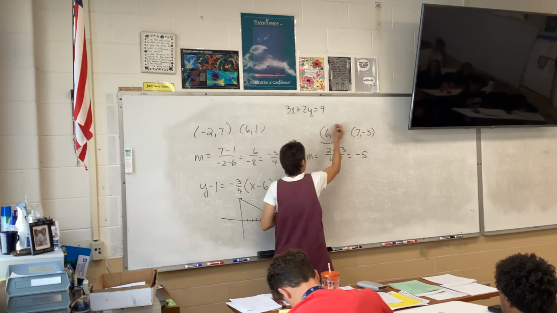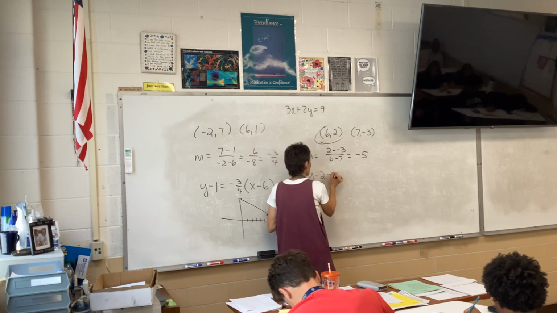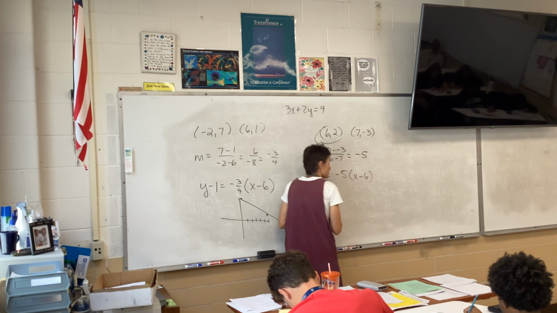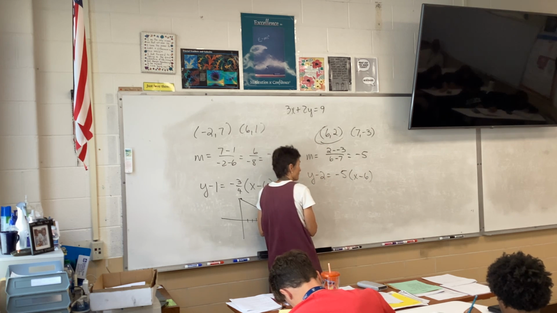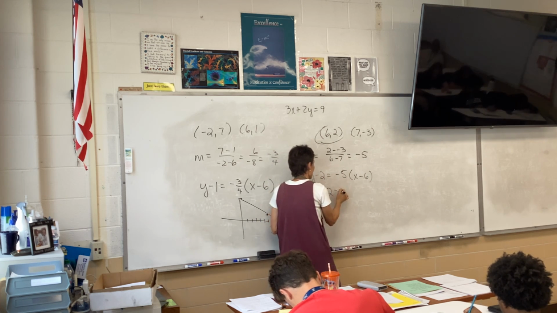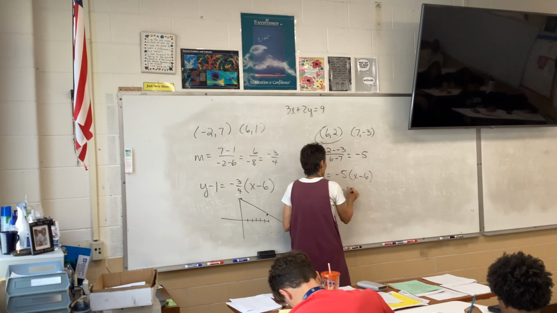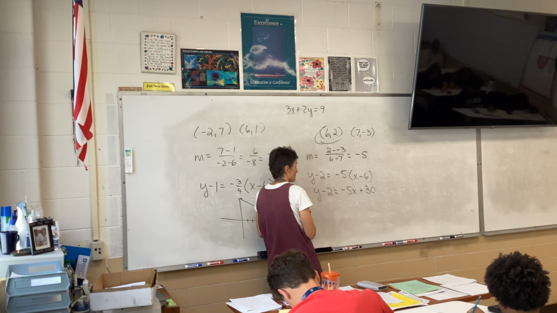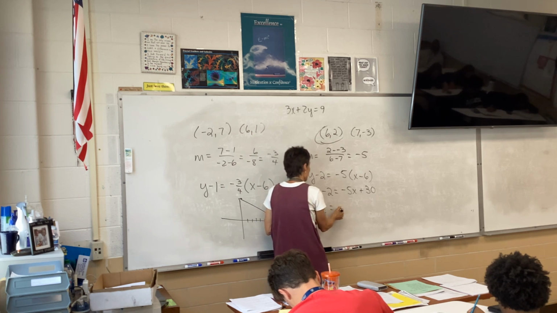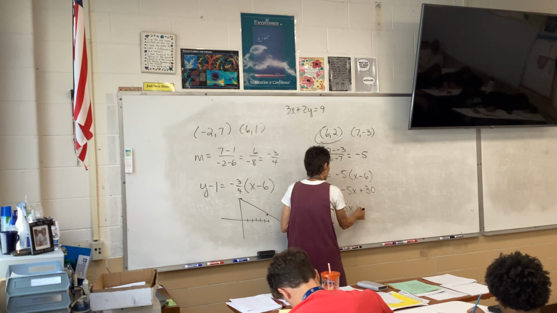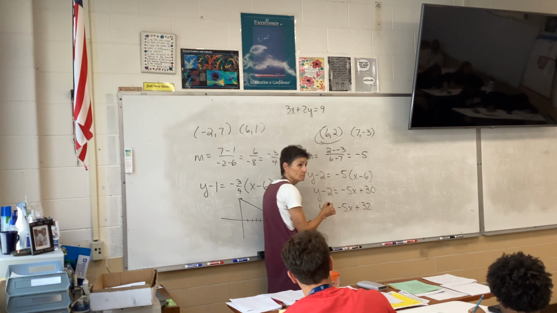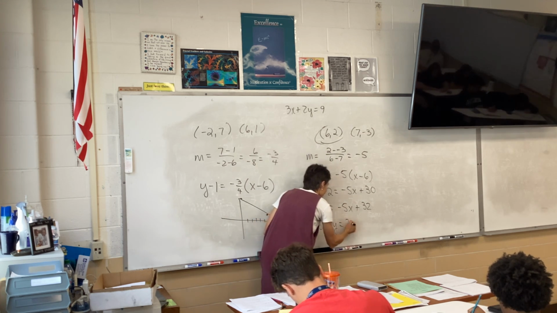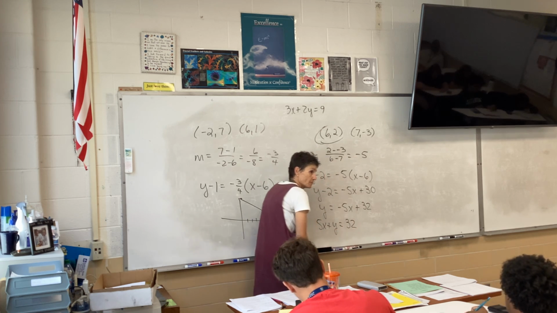We'll pick a point, y minus 2 equals -5, x minus 6. Y minus 2 equals -5x plus 30. Y equals -5x plus 32. 5x plus y equals 32. Done.